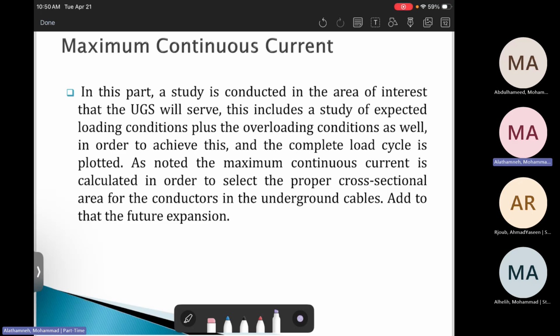So we need to complete the load cycle, plot it, then identify the maximum currents calculated. Then we can apply the applicable cross-section area for the conductor, which we can use underground or for future expansion. So we just do a study for the load, make sure what the suitable size or diameter for the cable is. Once you do it, we need to make sure it can handle the maximum.